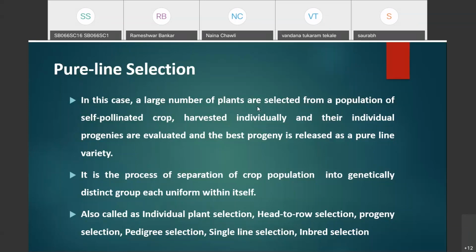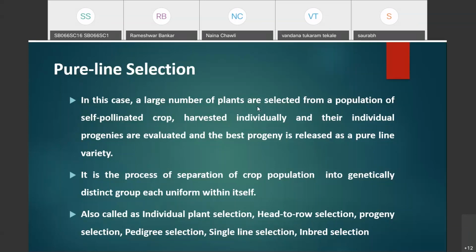Okay, how is the pure line selection carried out? In this case, a large number of plants are selected from the population of self-pollinated crops, harvested individually, and their individual progenies are evaluated. And the best progeny is released as a pure line variety.